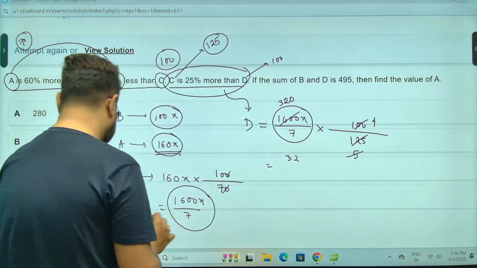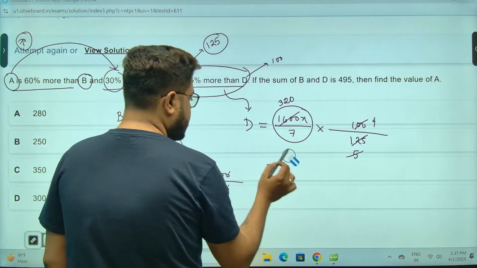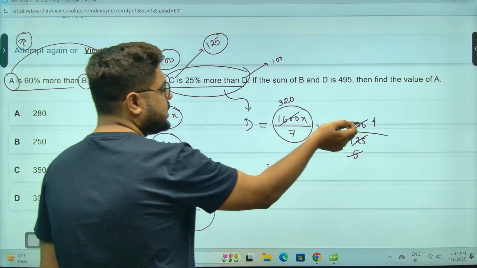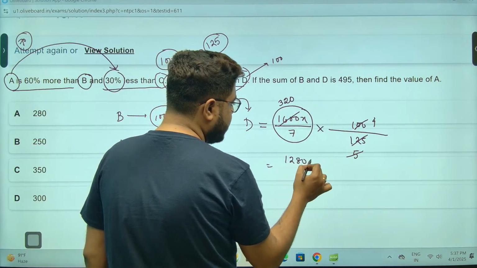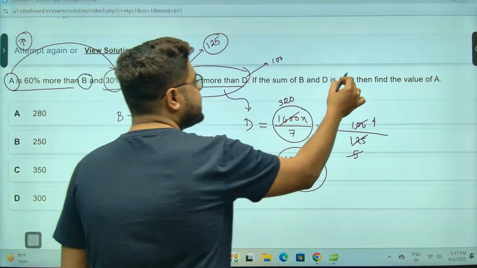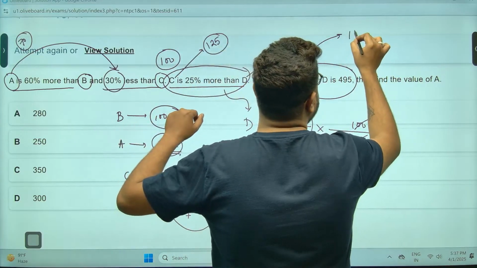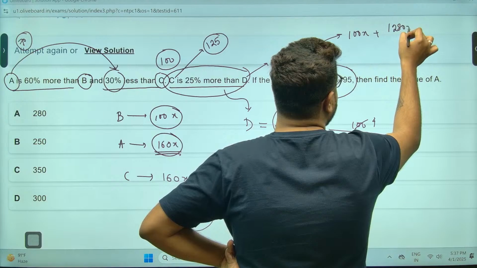So let's do it now. 32 into 4. 30 into 4, 3 4s are 12, 120, 4 2s are 8, so 1280x by 7. Now they are saying B plus D is given. B is 100x plus D is 1280x by 7.